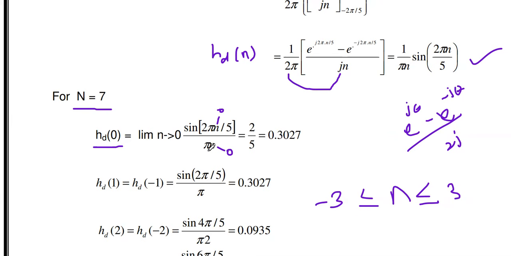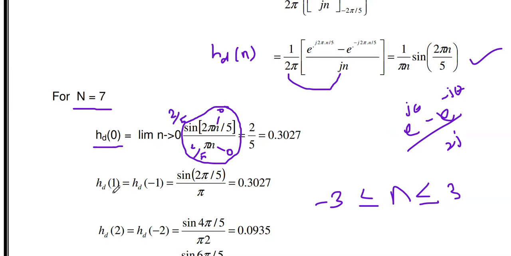Here πn is available, but in the θ place 2πn by 5 is available. So in order to make this 2πn by 5, we have to multiply the numerator with 2 by 5 and the denominator with 2 by 5. Except this 2 by 5, sine θ divided by θ is 1. What is remaining is 2 by 5. So the answer is 2 divided by 5, 0.4. This is the h_d of 0.